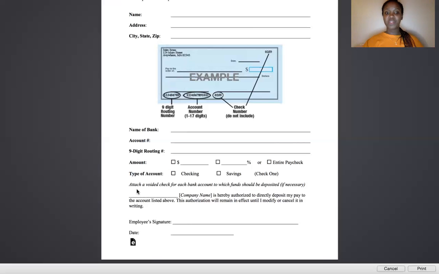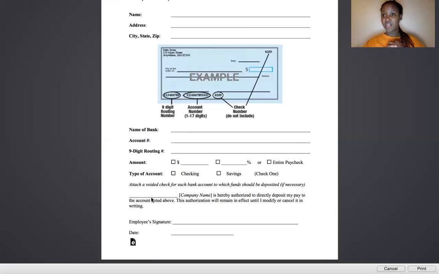So this form says, attach a voided check for each bank account to which funds should be deposited, if necessary. So you could attach, this is the example of a check. And over here, you would write the company name. So when you write the company name, for example, my company name would be Catholic Charities.